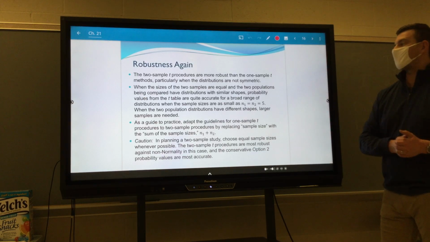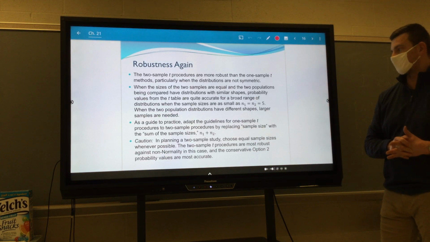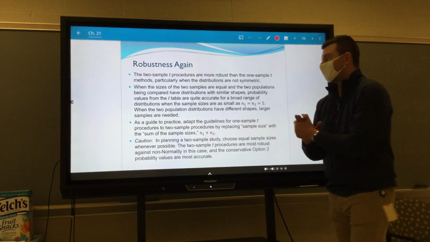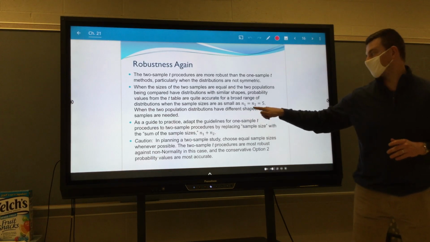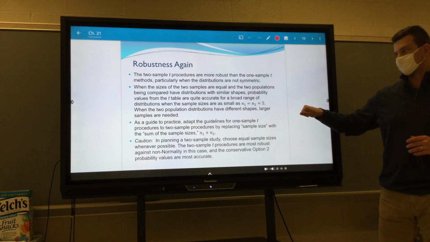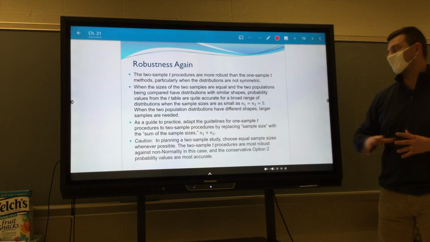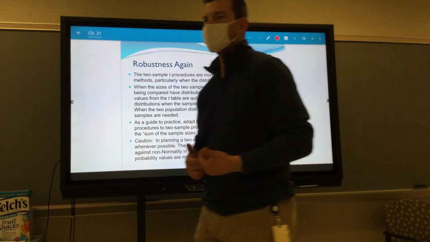It does say when the sizes of two samples are equal and the two populations being compared have distributions with similar shapes, probability values from this table are quite accurate for a broad range of distributions when the sample sizes are pretty small, as small as 5. But when the two population distributions have different shapes, larger samples are needed.